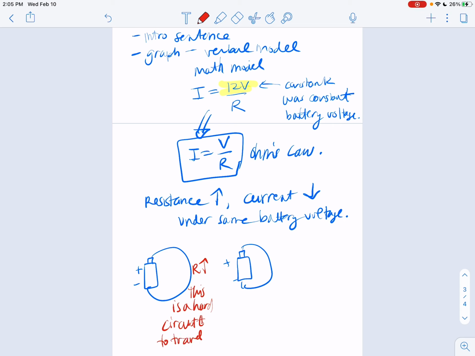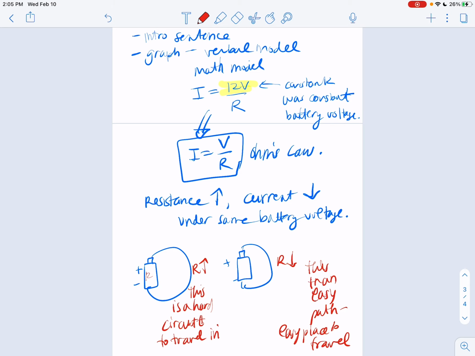This is a hard path. This is difficult. If this resistance is low, it means this is an easy path. This is an easy place to travel. So that's what the resistance is telling me: how hard or easy it is to travel in that circuit.